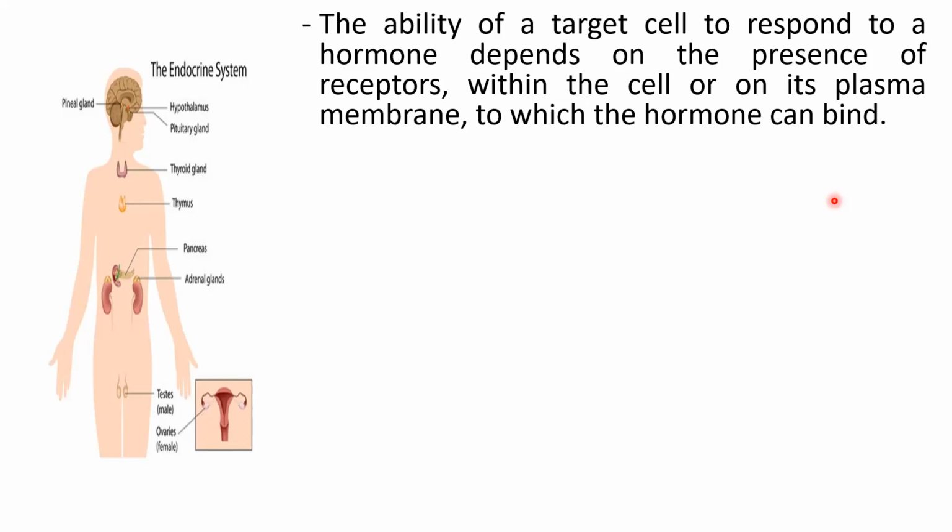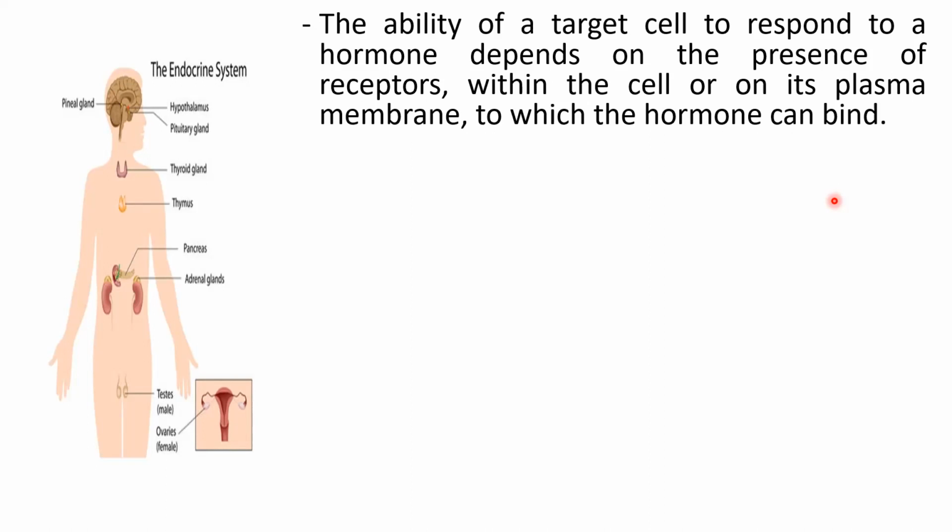So, if you see the role of certain hormones, the example is the hormones secreted by the thyroid gland. These hormones have a role in maintaining the basal metabolic rate of cells.